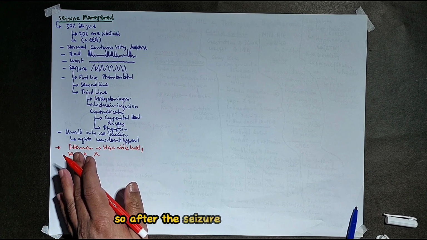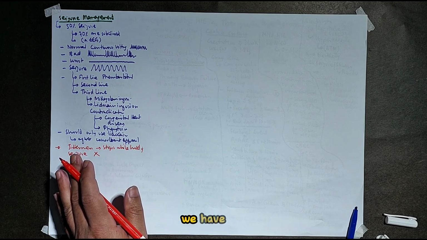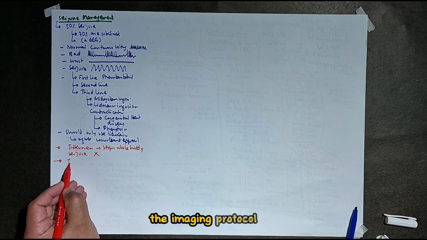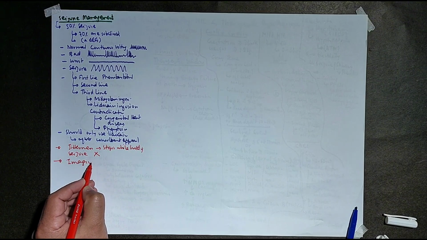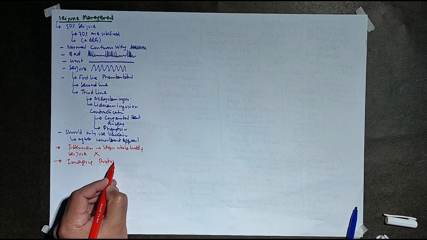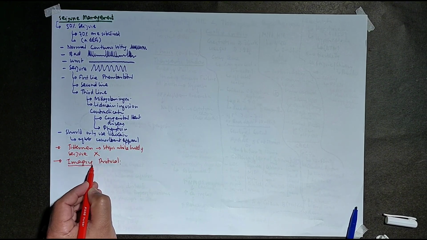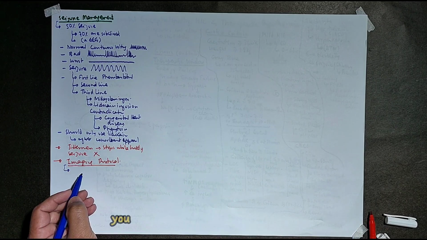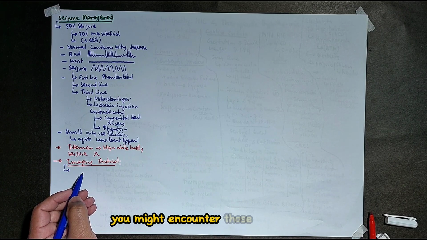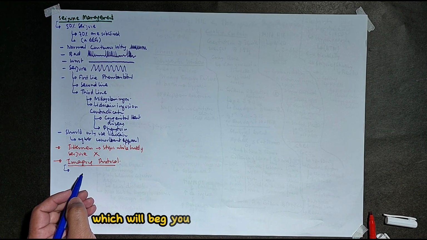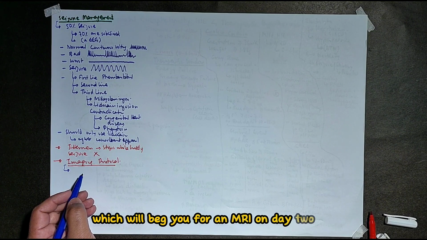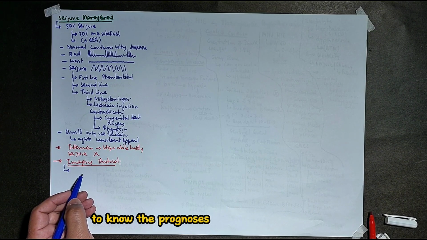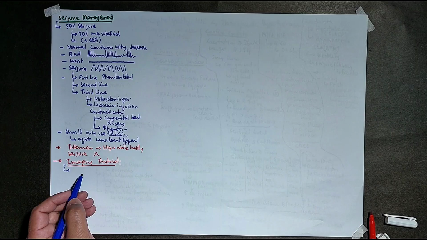So, after the seizure management, we have the imaging protocol. You might encounter parents who will beg you for an MRI on day 2 to know the prognosis. But you must know why to say no at this moment.